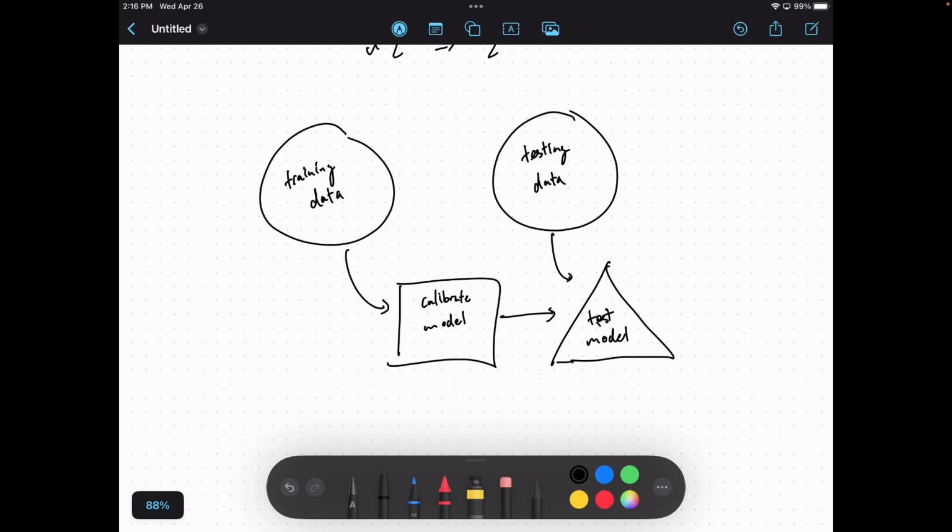And I can then, instead of looking at the metrics of my model from the initial calibration, use the test model to do things like looking at my R squared, my standard errors, my residuals, mean squared error. That's probably the most common thing to look at here.